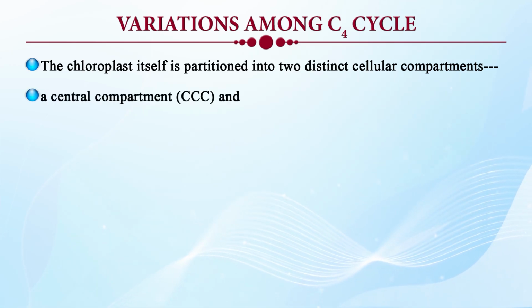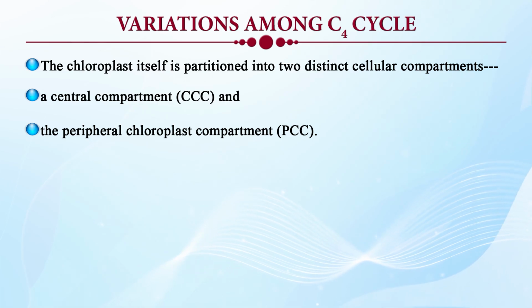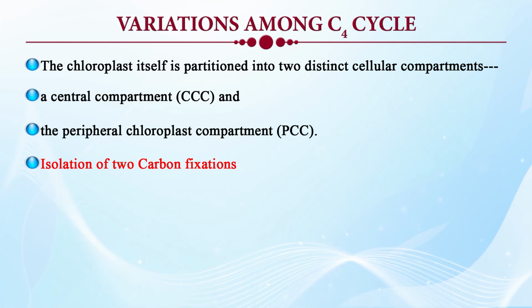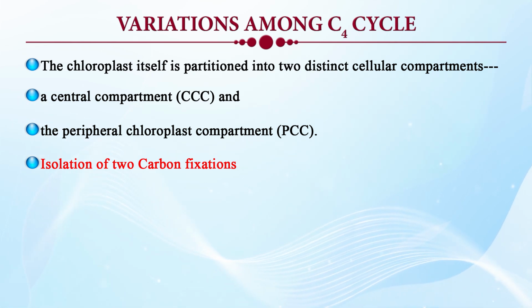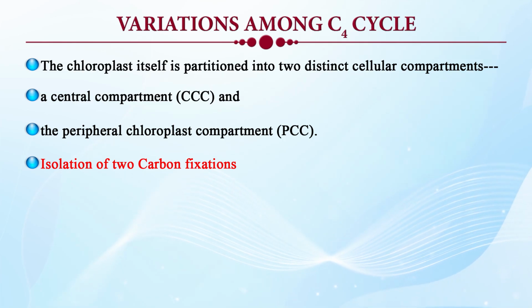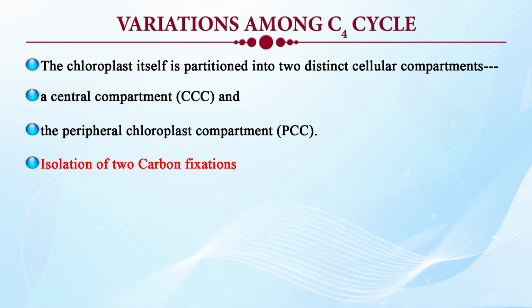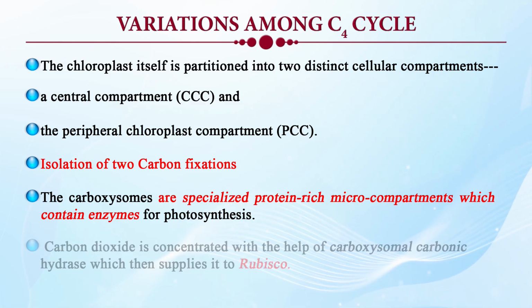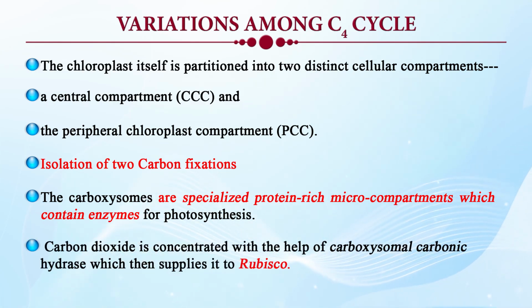There will be a central compartment and a peripheral chloroplast compartment, and these two compartments will isolate the two carbon fixations, namely the C4 cycle, that is Hatch and Slack, and the Benson Calvin cycle, and therefore, the Kranz anatomy would not be needed. So, that means very specialized protein rich microcompartments which contain enzymes for photosynthesis are called carboxysomes, which are important for single cell organisms.